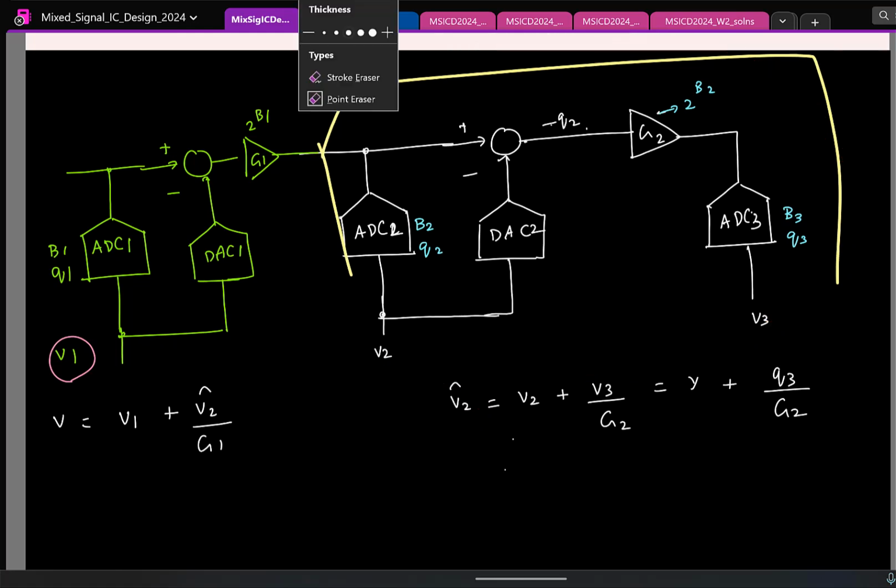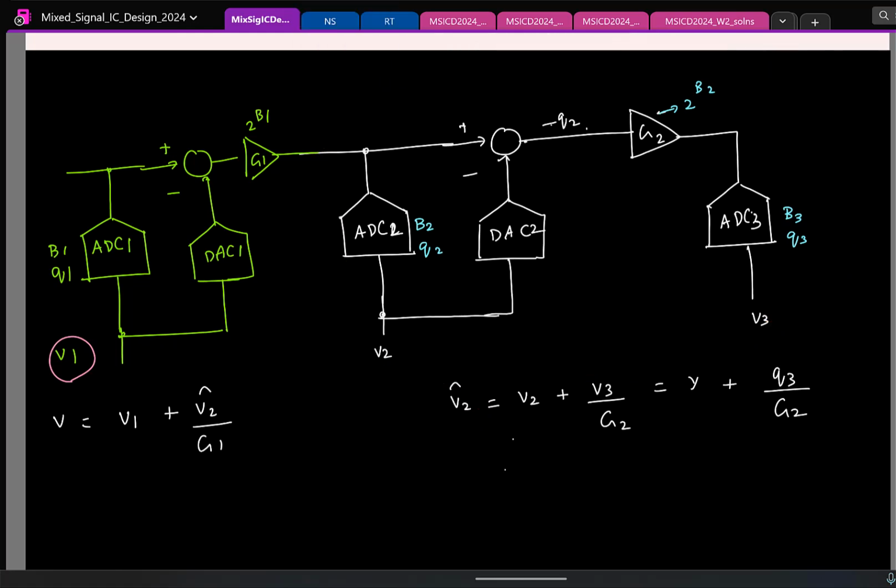Now let me erase the yellow box, easy to visualize. And now let's keep writing signals here. So this is going to be minus Q1, this will be minus G1 times Q1. So the input to the second ADC is no longer Y, it's minus G1 times Q1.